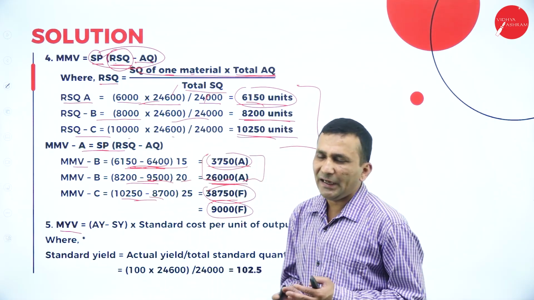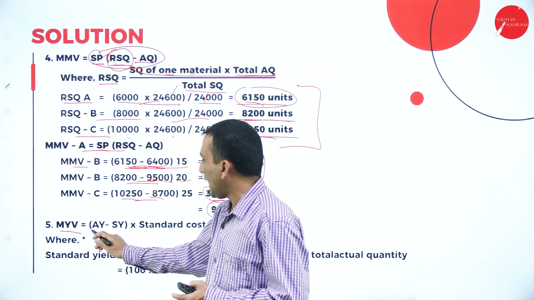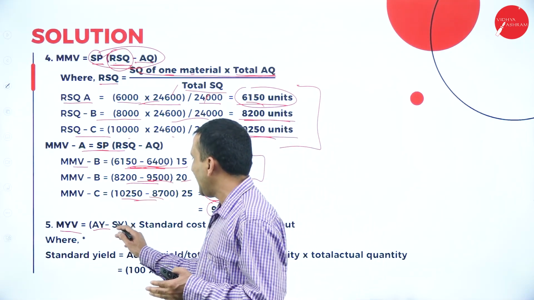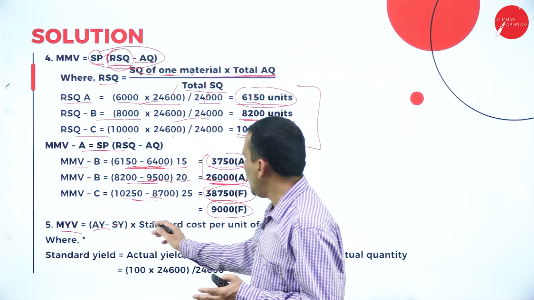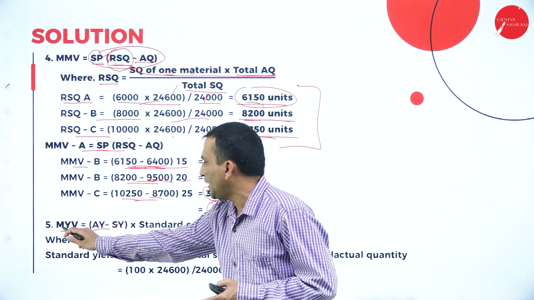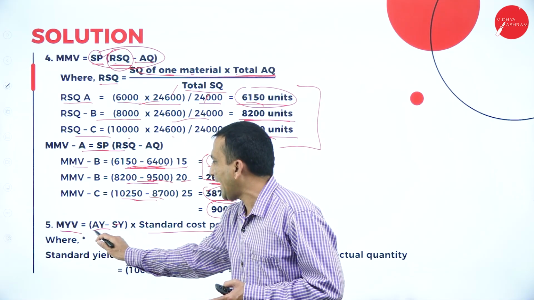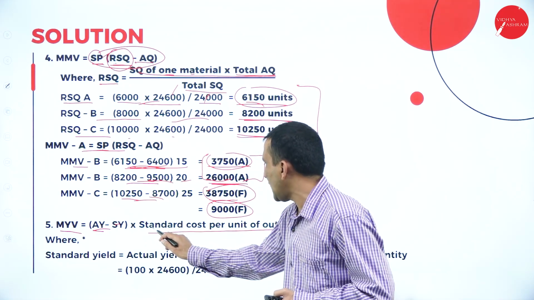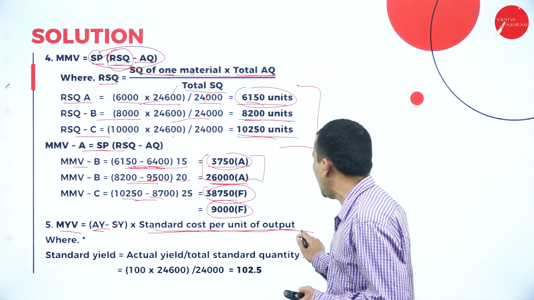So the material yield variance, very simple formula, actual yield, which is nothing but your actual output, minus standard yield, okay, into standard cost per unit of the output. Once again, material yield variance is equal to actual yield or actual output minus standard yield into standard cost per unit of the output.